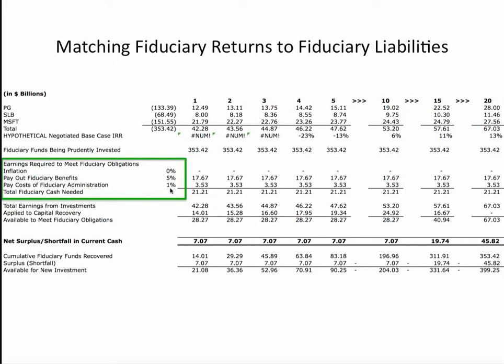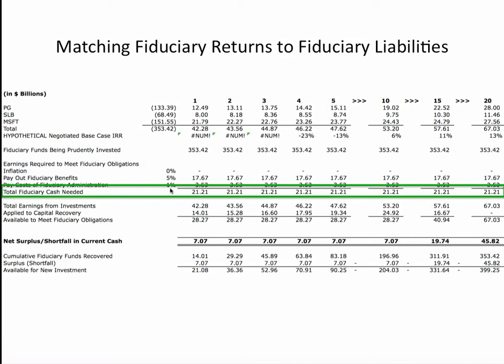So you get your total cash need here of 21.21, which is the same every year because we've simply kept the corpus values constant rather than dealing with the complexities of inflation and reinvestment, which could undermine some of the transparency of this very simple example we're trying to show you.